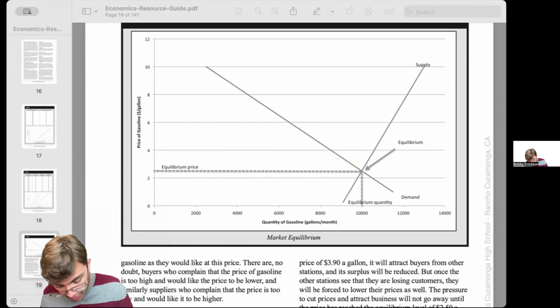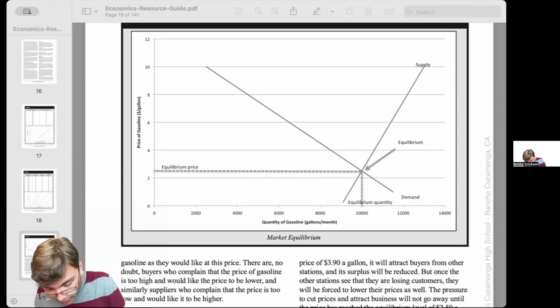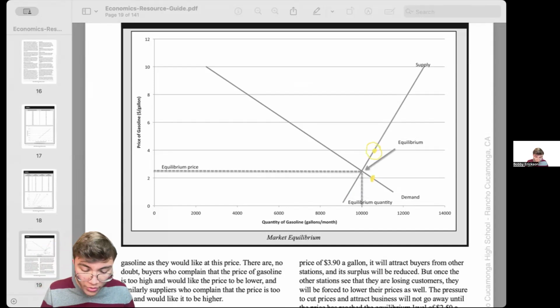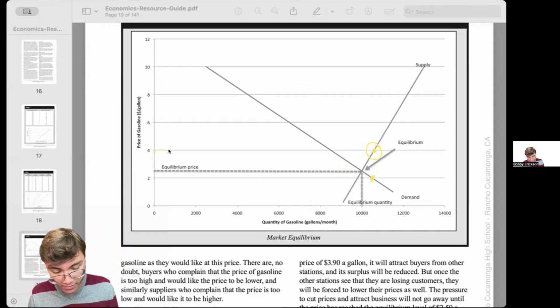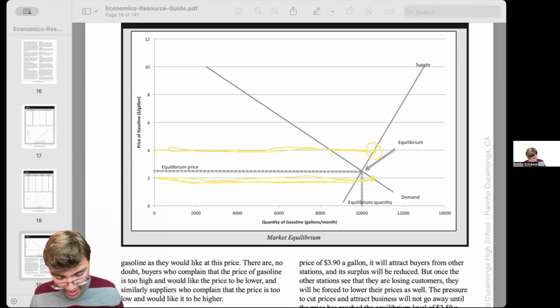Let's take a look at the counterexamples here. Let's say we have a point here and we have a point here. These people are the suppliers who are only willing to supply their good at this higher price point of $4 right here. And this point right here is all the people who are only willing to buy the gasoline at $2 and not above $2 where the equilibrium is.